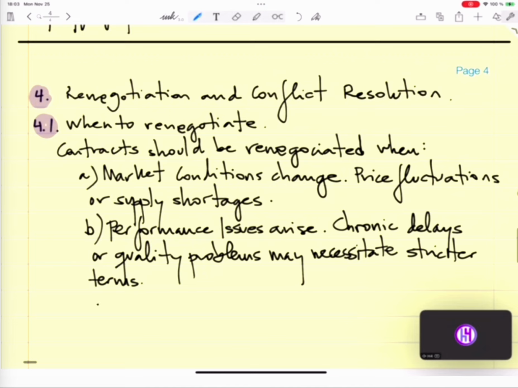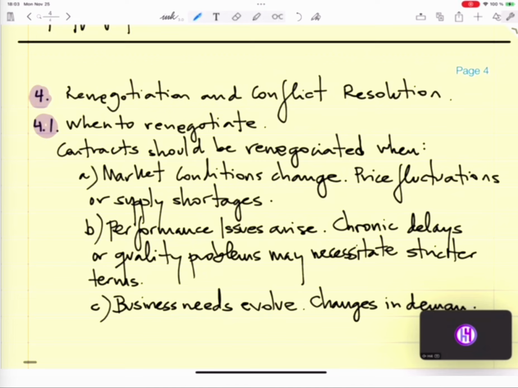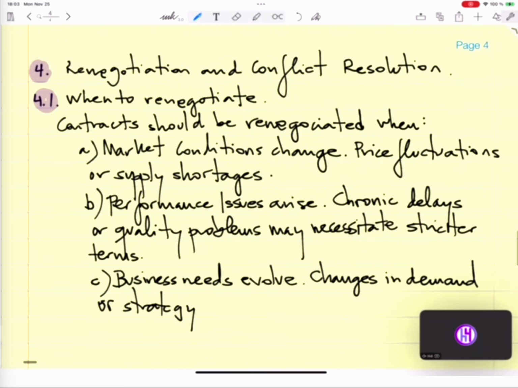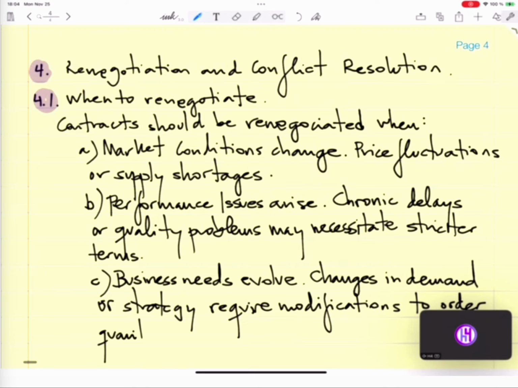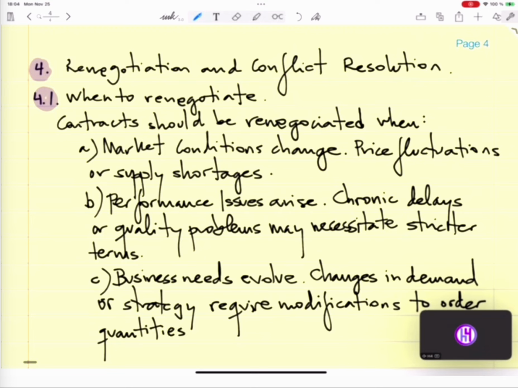And then C, so business needs evolve. So changes in demand or strategy require modifications to order quantities, or delivery schedules.